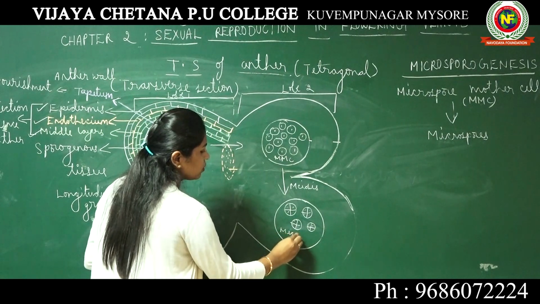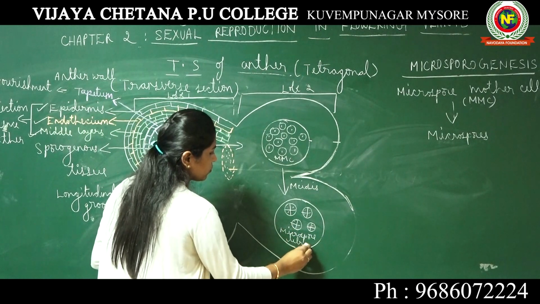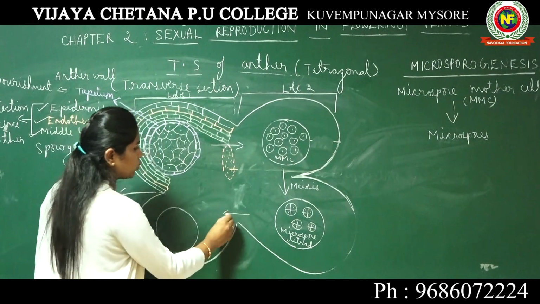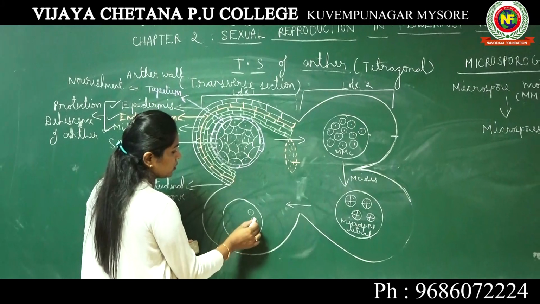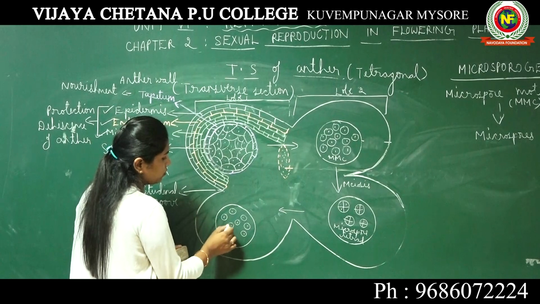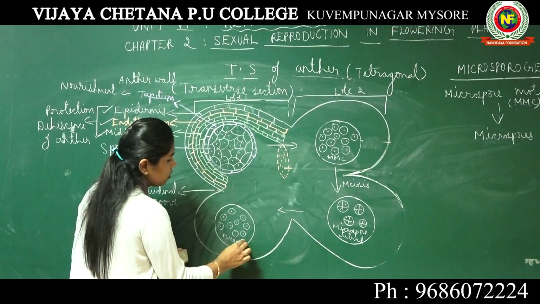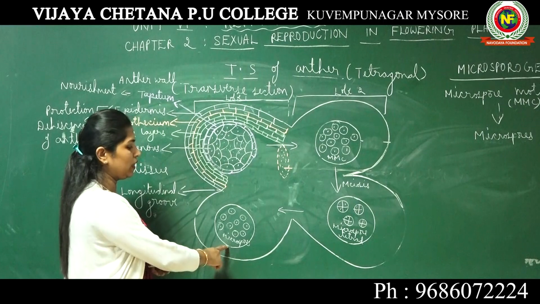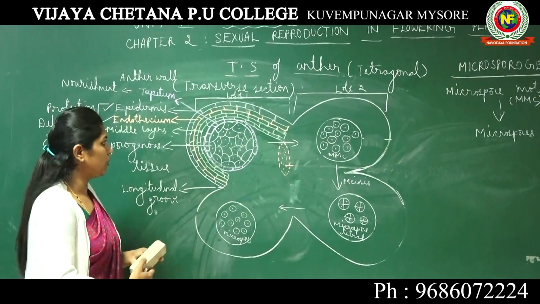This is known as microspore tetrad. Again, when the anther matures, every microspore tetrad goes separate from each other and develops into individual microspores. These microspores will in turn develop into pollen grains, how we will study now.